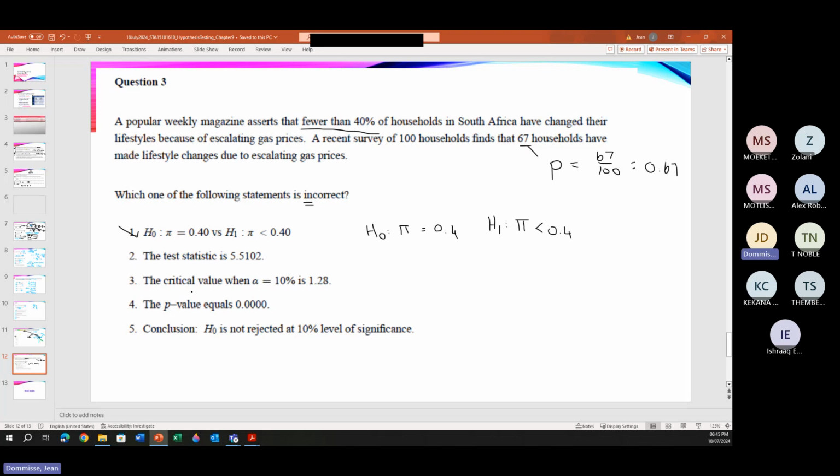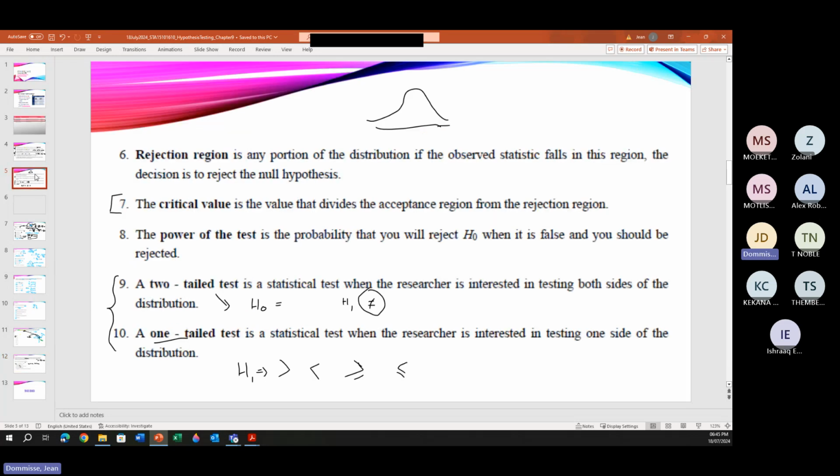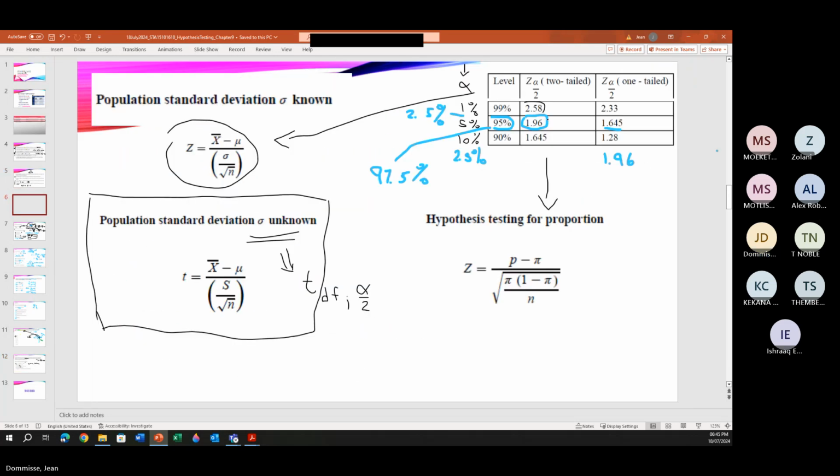So we will need to work out a test statistic. So let's first also see the critical value. If we go to the critical value of 10%, where is my table?